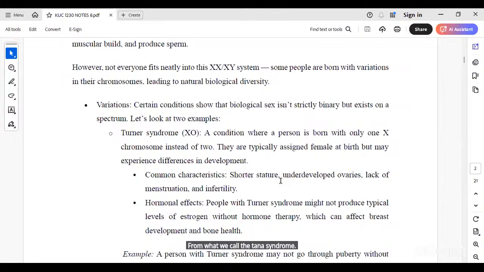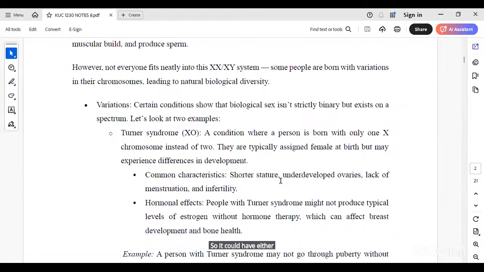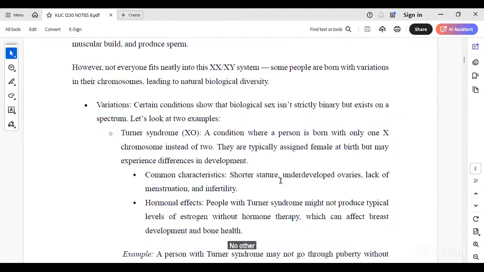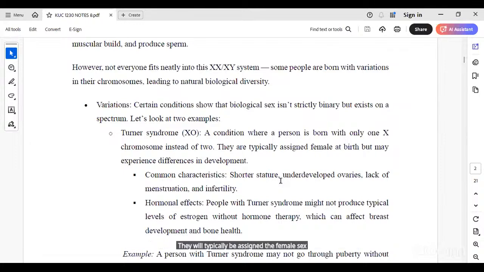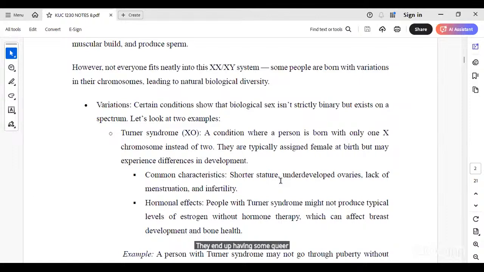So when someone is born with just one X chromosome instead of two, so it could have either been an XX or an XY, but they just have only one X chromosome. No other X chromosome, no other Y chromosome. So because of the presence of just the X chromosome, they will typically be assigned the female sex at birth. But because they only have just one X chromosome, they end up having some queer characteristics.